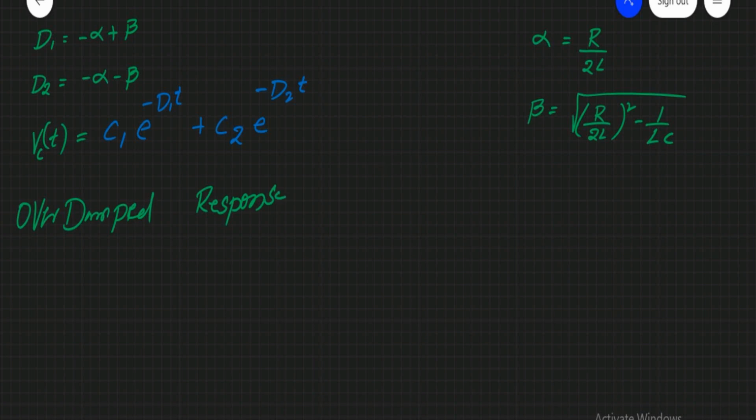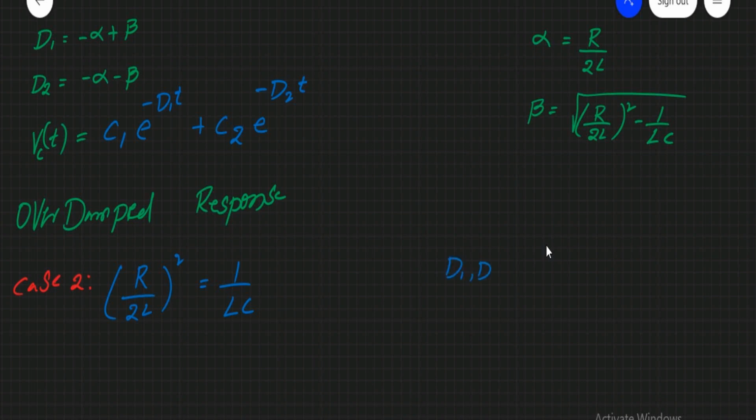Now the second case is case 2. In case 2, we are going to consider (R by 2L) whole square is equal to 1 by L into C. If (R by 2L) whole square is 1 by L into C, so what will be the D1, D2?